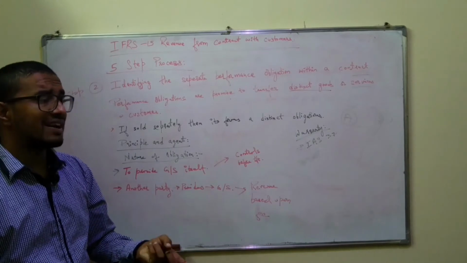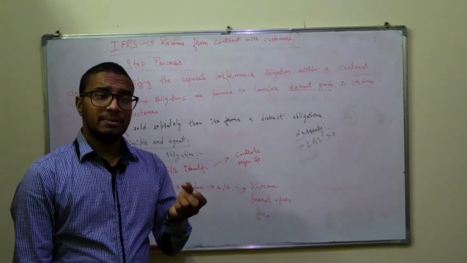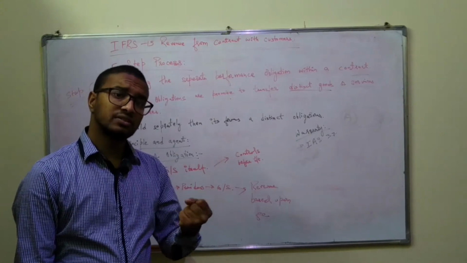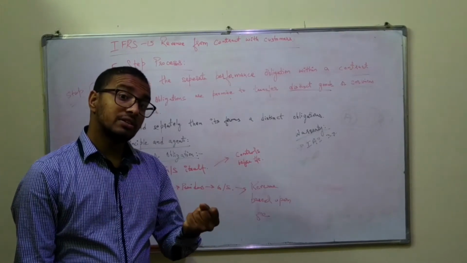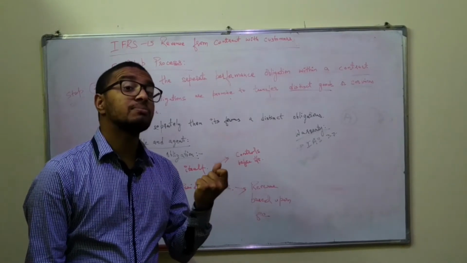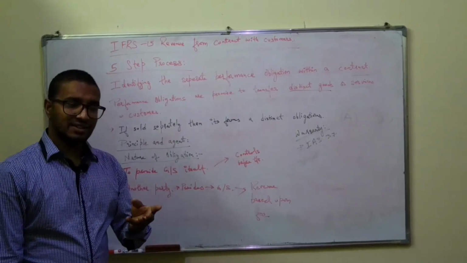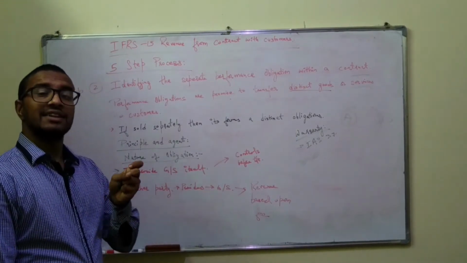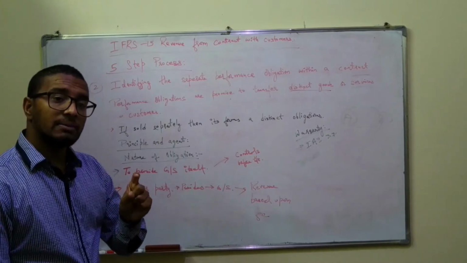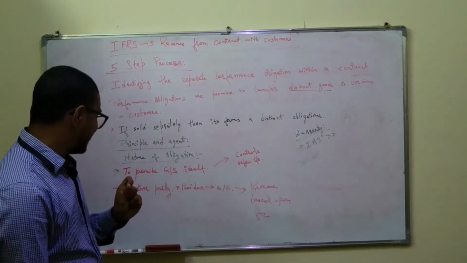Suppose an airline company: they provide the flying services to the customer itself, so they are the principal. So who is the agent in this context? It is the ticket booking companies. They are the agent.